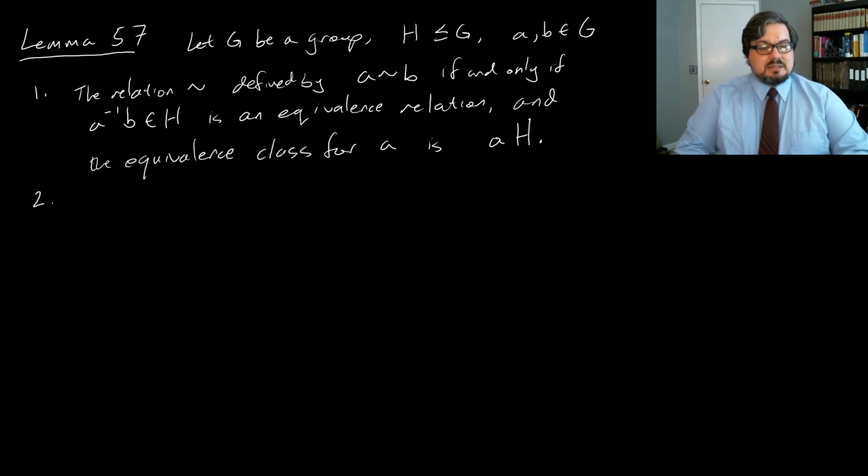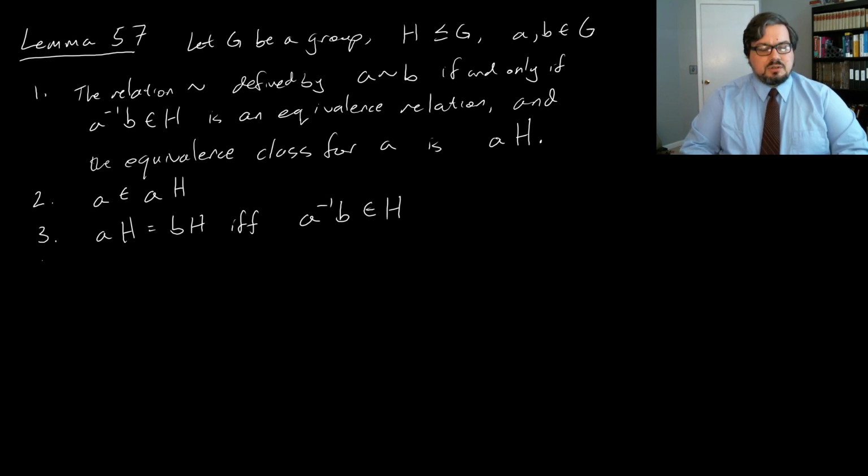Now, let's see the rest of it. Many of these statements are going to follow immediately from part 1. So part 2 of Lemma 5.7 says that A belongs to AH. Every element belongs to the coset it's a representative of. Part 3, we have that AH equals BH if and only if A inverse B belongs to H. Part 4, AH equals BH if and only if A belongs to BH.